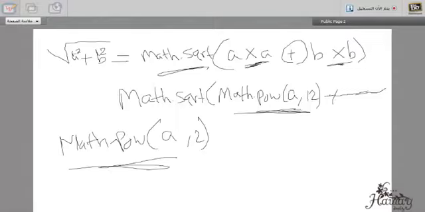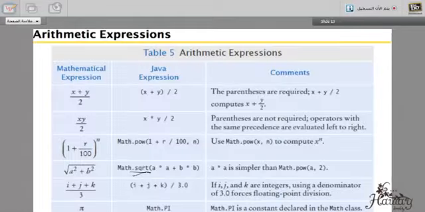That's what I wanted to show you. For pi, the constant ratio, we have a syntax for it. It's Math.PI. It will give you the constant, and the rest is just as I explained to you.